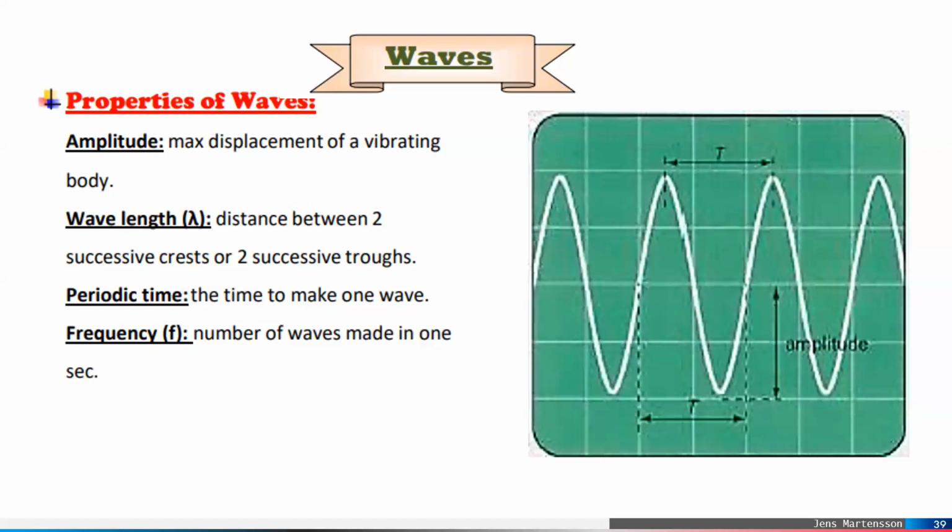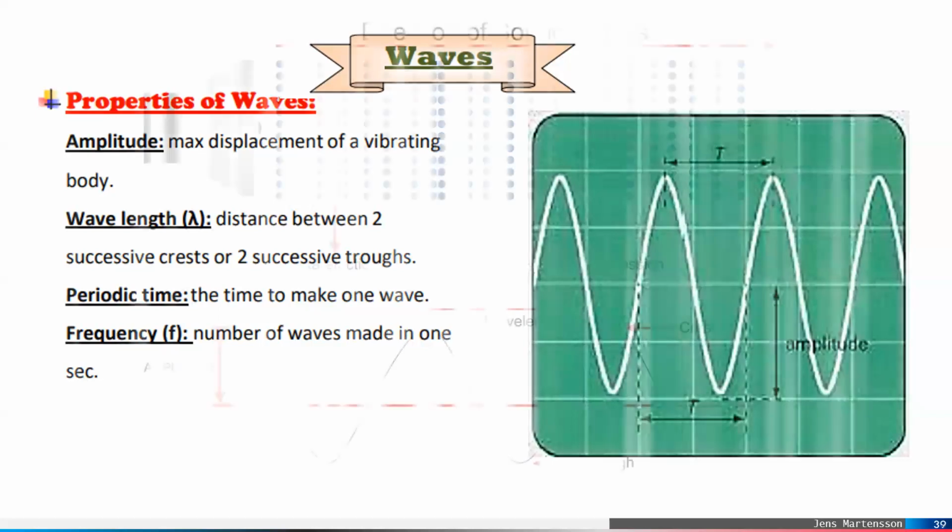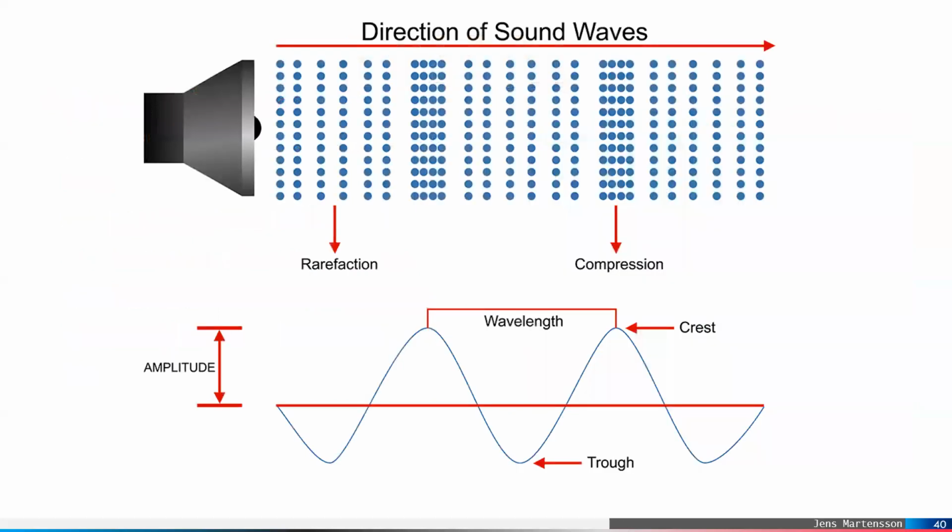The periodic time can be defined as the time taken to complete one wave. And the frequency is the number of oscillations the particles make to complete one wave in a definite time, or in 1 second.